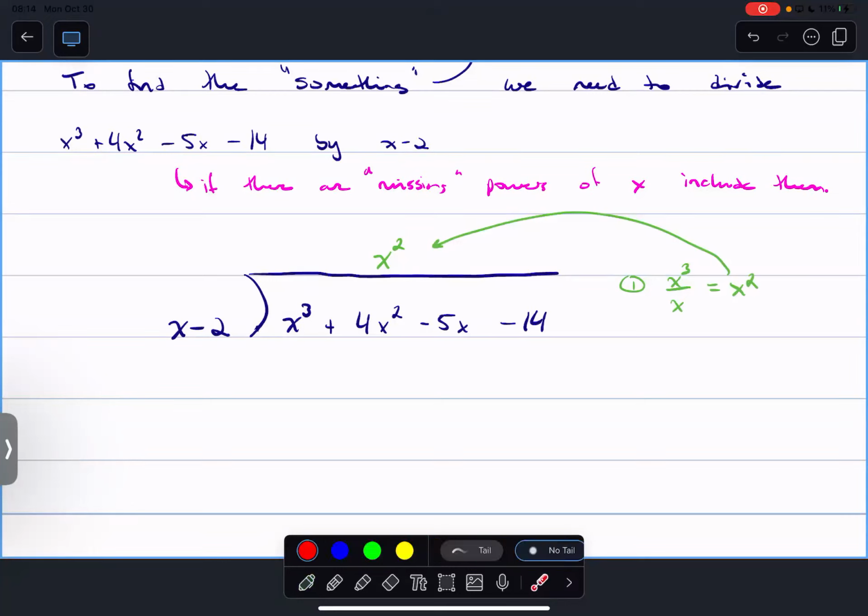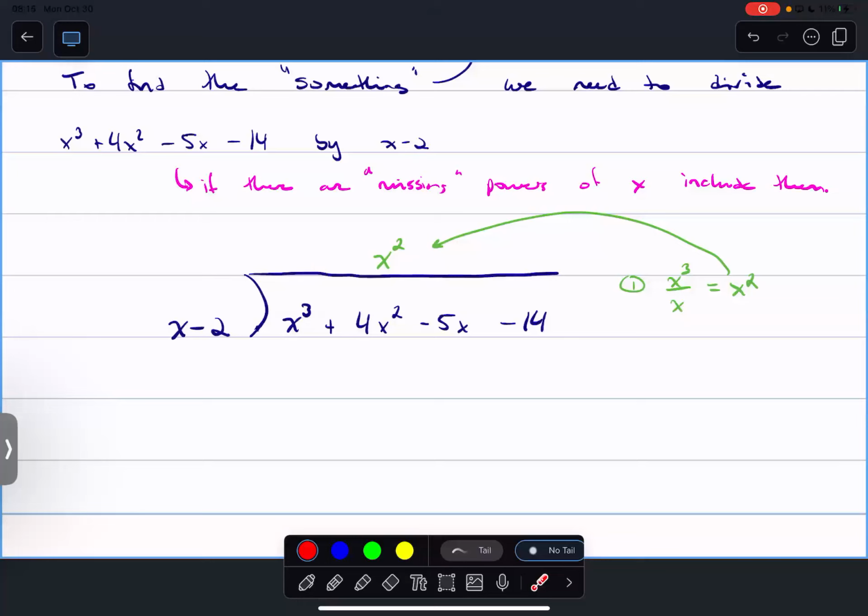Okay, so notice how I put the x to the 2 above the x to the 2. Because are we going to have an x to the 3 here? No, because if I'm taking something to the power of 3 and dividing it by x, the highest power that I'm going to be left with is x to the 2.